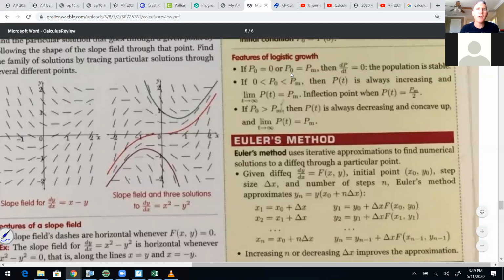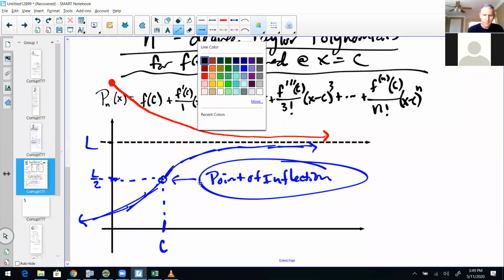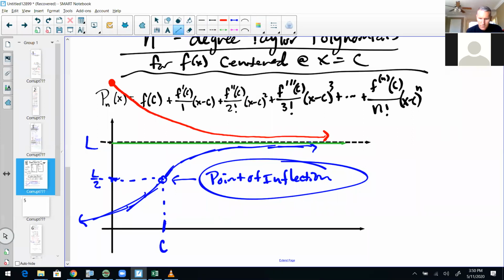What if the initial number of alligators is equal to this carrying capacity or limiting size? So if I had just this right here, this is if the initial number of whatever it is, for population, is exactly equal to the carrying capacity, then it's going to be stable, meaning that you're not going to have an increasing nor decreasing function, or I guess you could say it's both increasing and decreasing, by the definition of what it means to be increasing and decreasing, right?